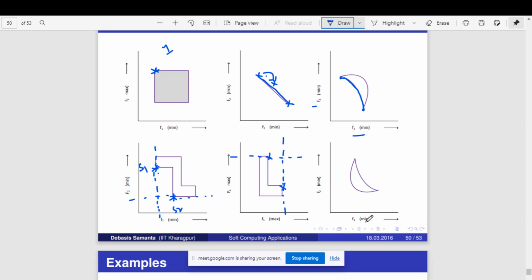So here we want to minimize F1 and minimize F2. Outer curve. Okay. So this outer, not outer curve, I guess. Minimize F1 is what point?